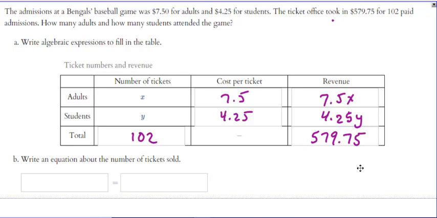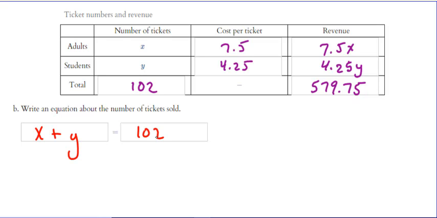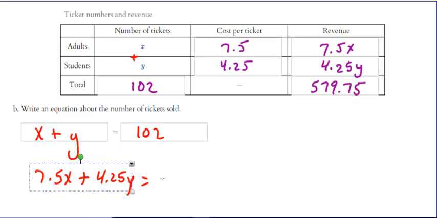So what we have is two equations, and let me show you what these two equations are. The first one is x plus y is 102, because they sold 102 tickets. They're comprised of the adults plus the students, right? And the second equation would be 7.5x plus 4.25y equals $579.75.